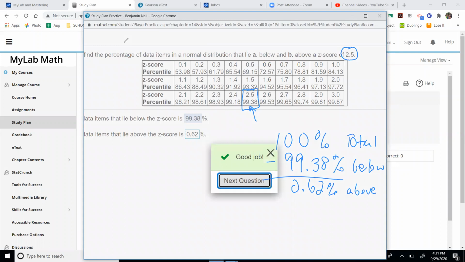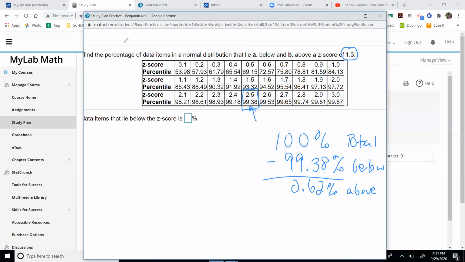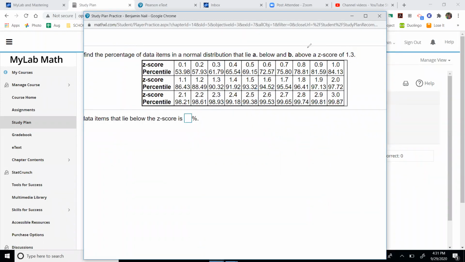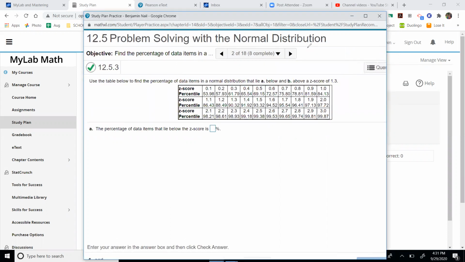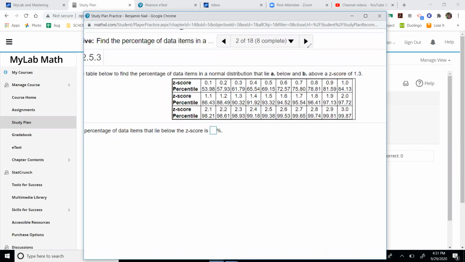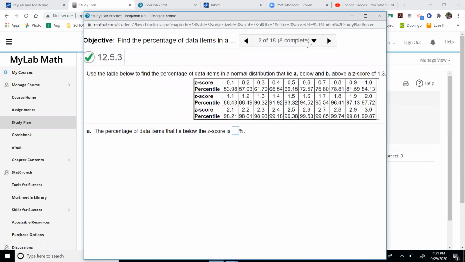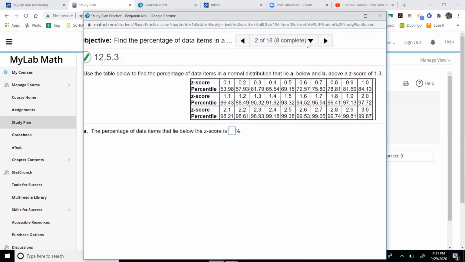If we go to the next question, it's going to give us similar data, but change the context up just a little bit. Again, use the table below to find the percentage of data items that fall below a z-score of 1.3.